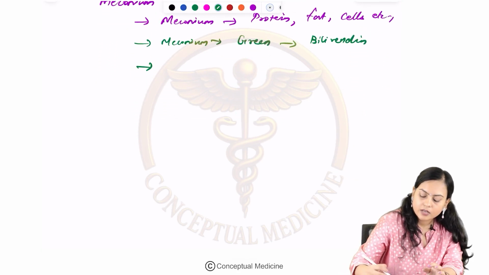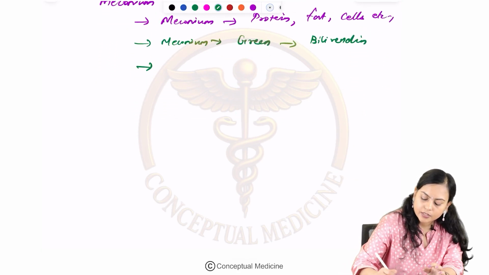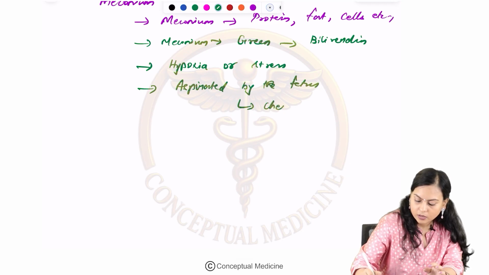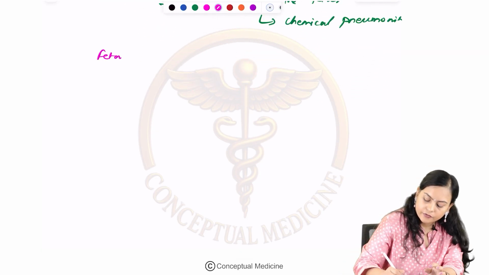Meconium is expelled out in case of hypoxia or stress, and that can be aspirated by the fetus, which can lead to chemical pneumonitis.